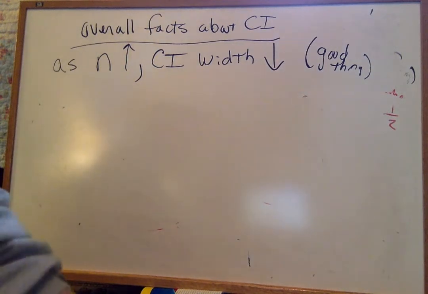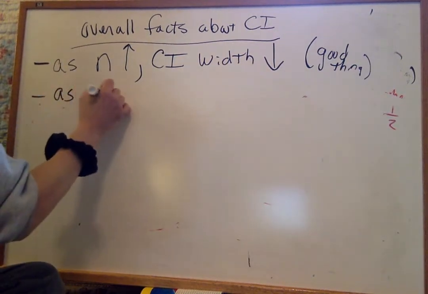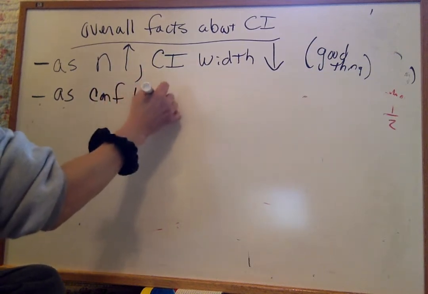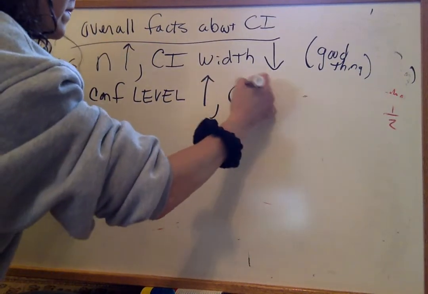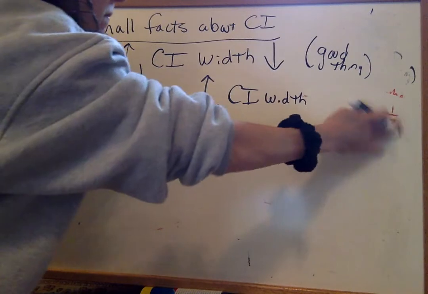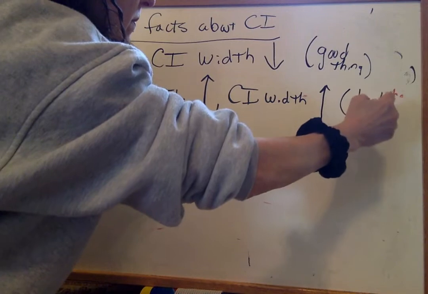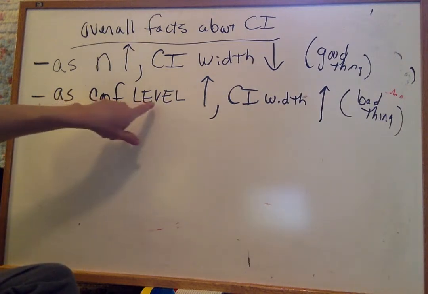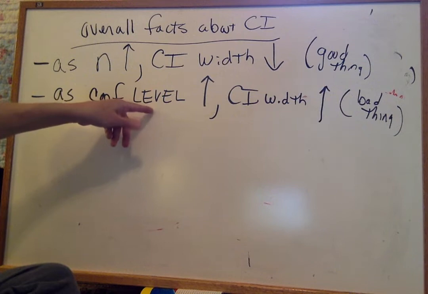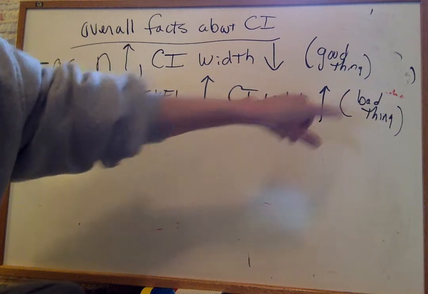All right, another truth. As you want me to be more and more confident, as the confidence level, 90, 95, 99, increases, your confidence interval width will increase, which is a bad thing.